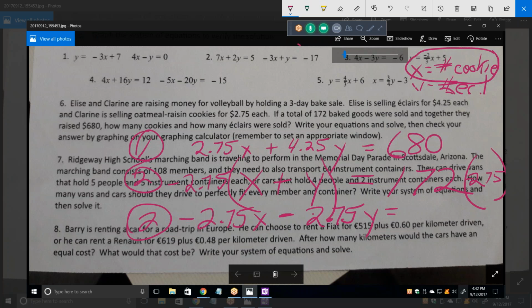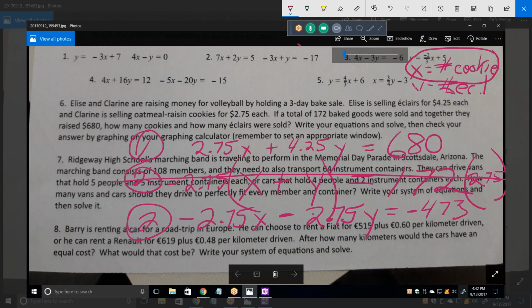So what's 2.75 times 172? 473. Remember, I was multiplying by negative 2.75, so negative 473. So there's our new equation 2.